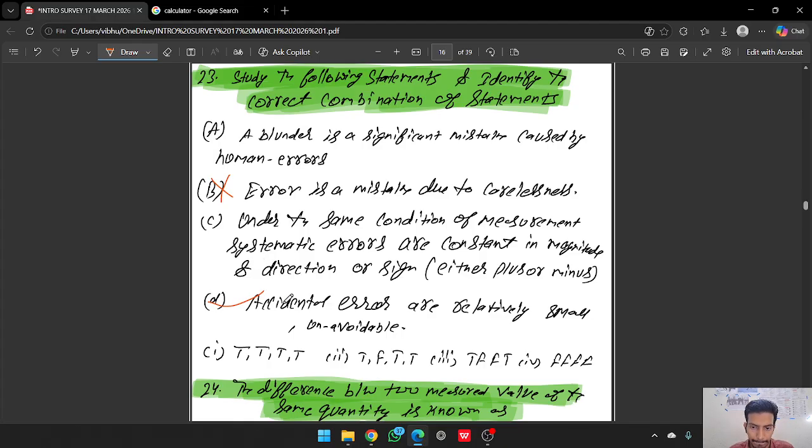This is correct. A blunder or mistake is a significant mistake caused by human error. And error is a mistake due to carelessness? Not due to carelessness. Under the same condition of the measurement.